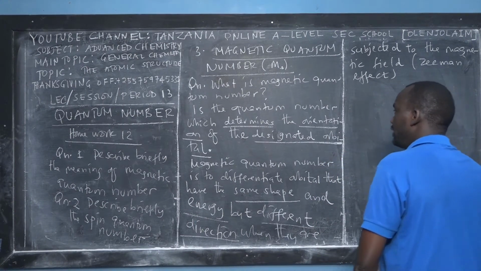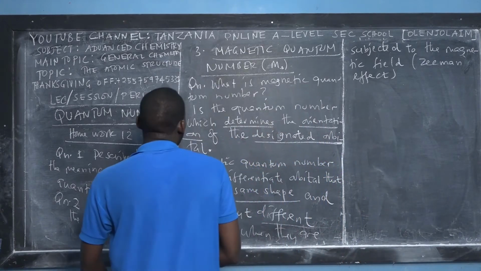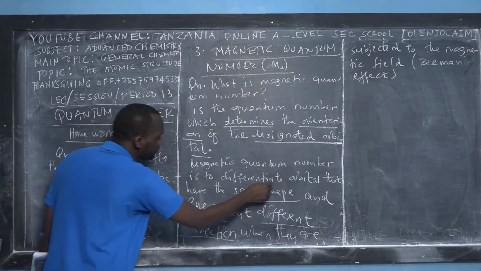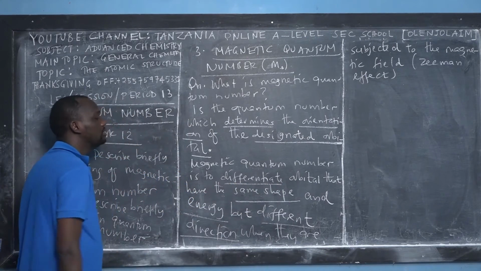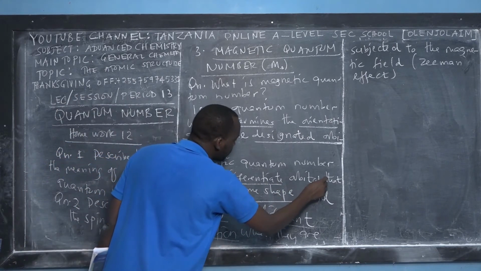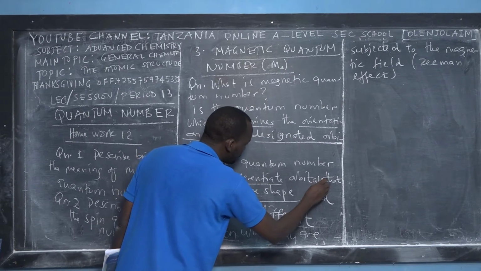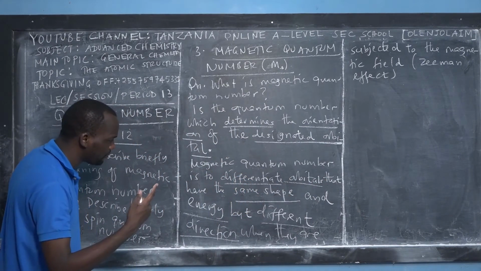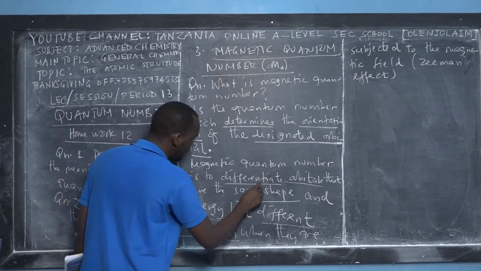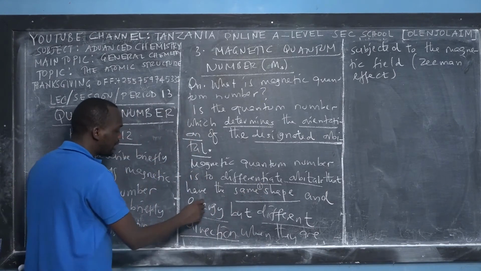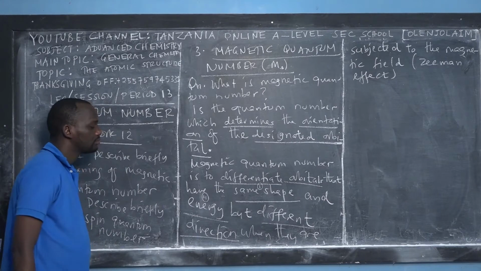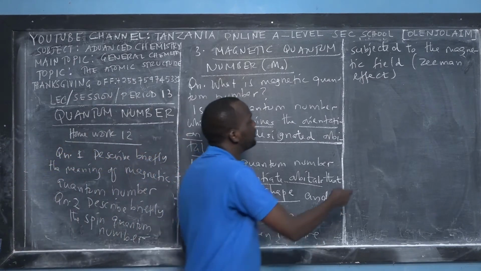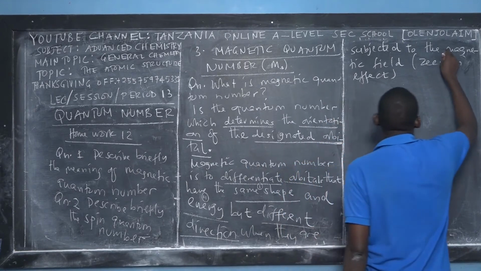Okay. So the magnetic quantum number in atomic structure is used to differentiate, right, orbitals in plural, that have the same shape and also the same energy, but different directions when they are subjected to the magnetic field.